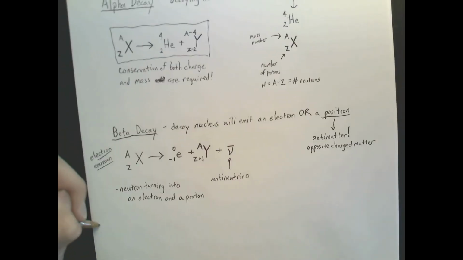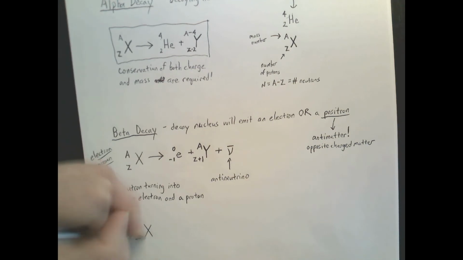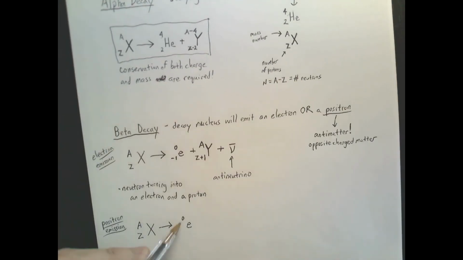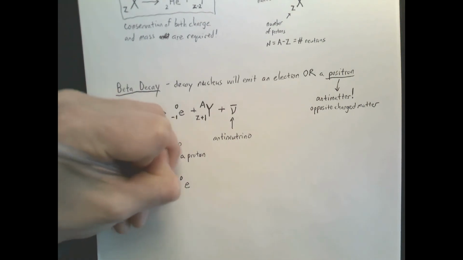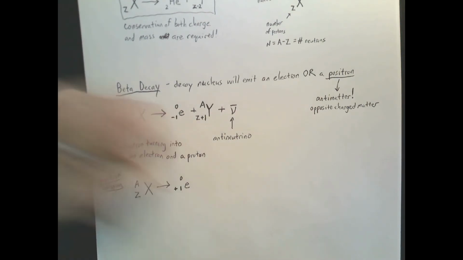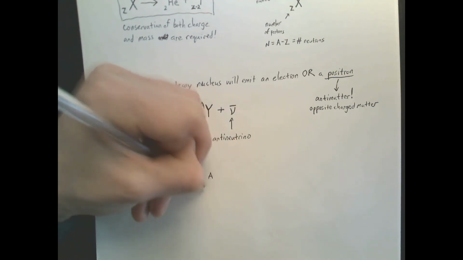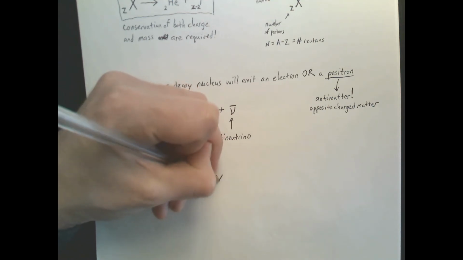The other kind, positron emission, starts out the same. We emit something with the same mass as an electron, so it doesn't have enough mass to really change the mass number of the nucleus, but it is a positively charged particle. So in order to balance out charges here, we're not going to get Z plus 1, we're going to get Z minus 1. So we go down the periodic table in this case.